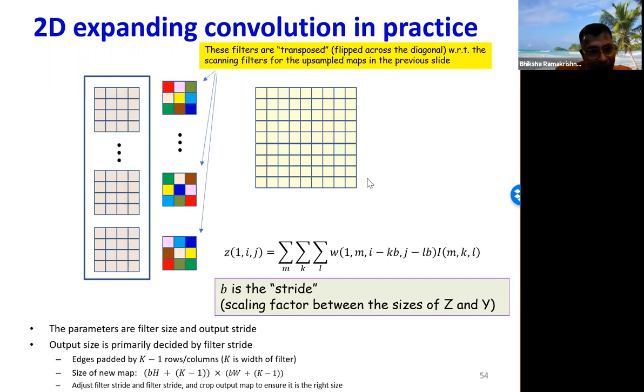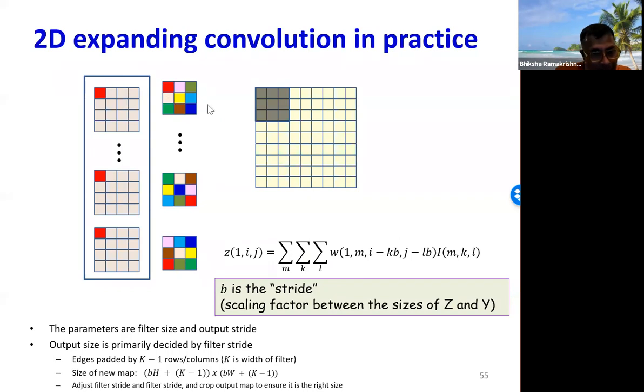Then I'm going to multiply this filter by the first element of this input and copy that value here. So the 0, 0 location is going to be copied to the 0, 0 location over here. And then I'm going to multiply the second value of the input by these filters. So here I have many maps.